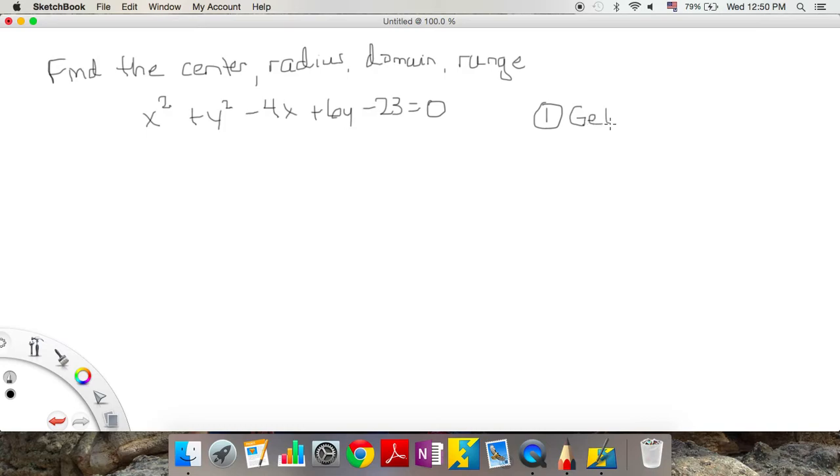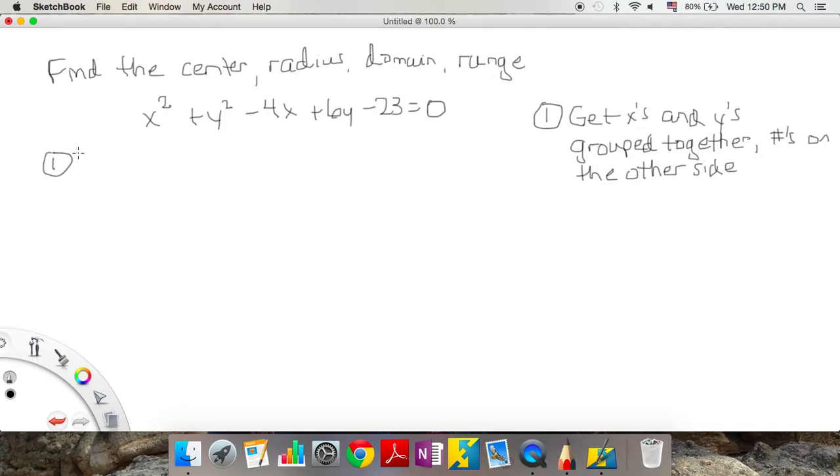is get the x's and the y's grouped together, and the numbers on the other side. Okay, so we're going to have x squared minus 4x, and then plus y squared plus 6y equals 23.